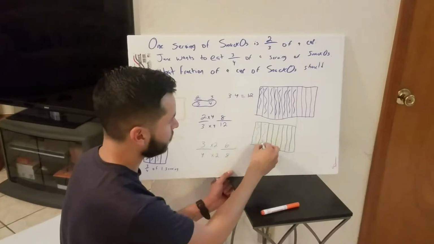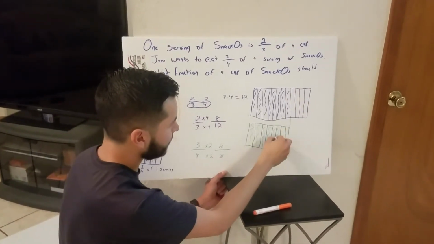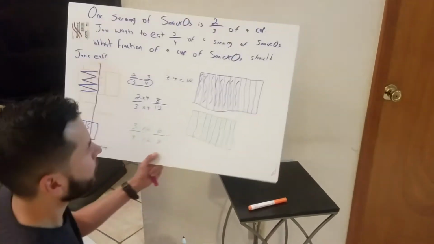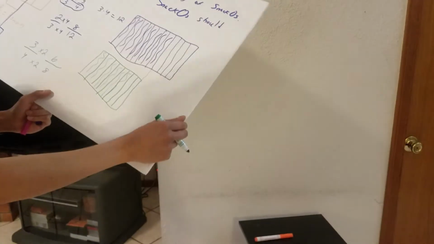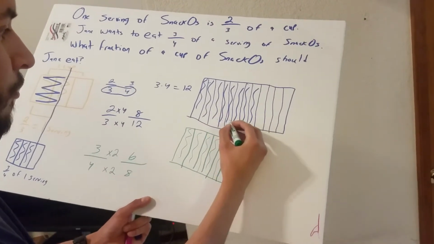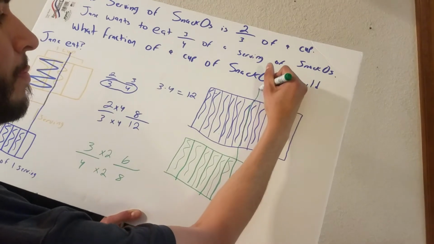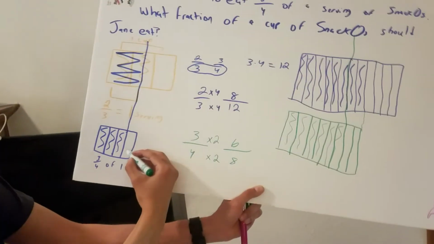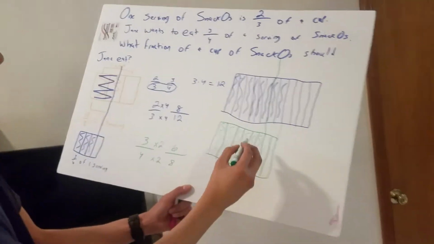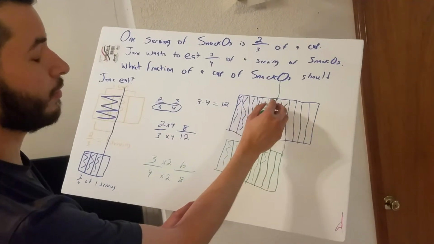1, 2, 3, 4, 5, 6. And we see here, it lines up. 1, 2, 3, 4, 5, 6. It covers this like we did up here, except now we can see it better because we have equivalent pieces.